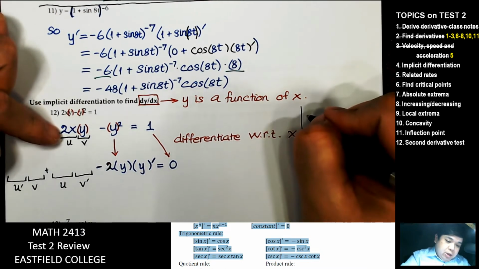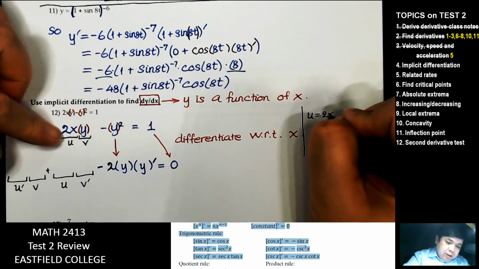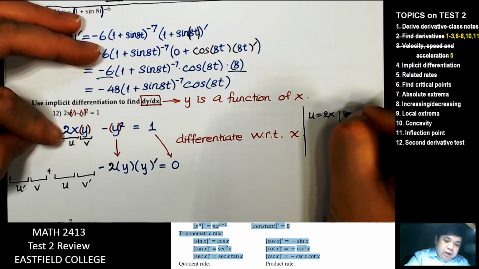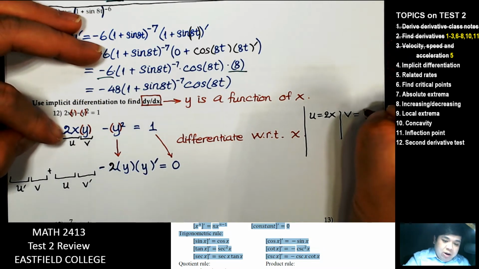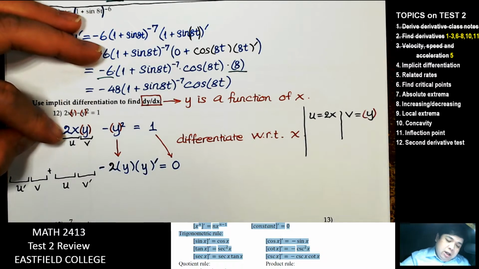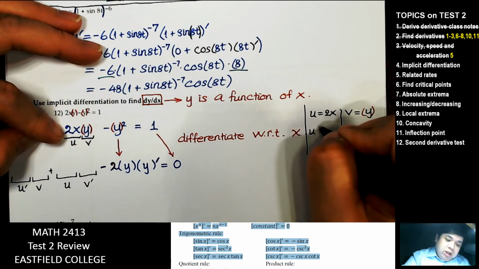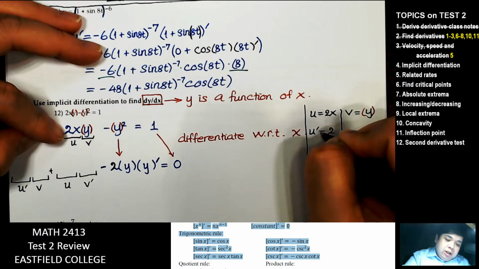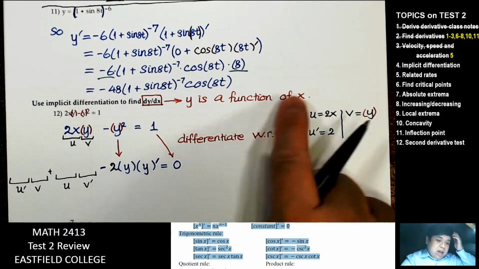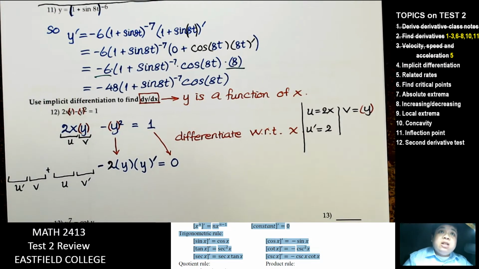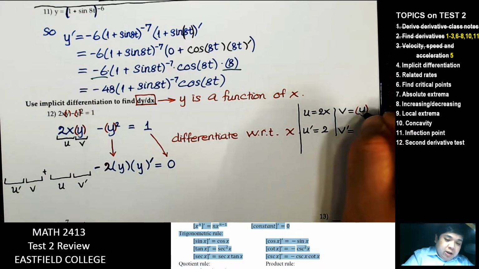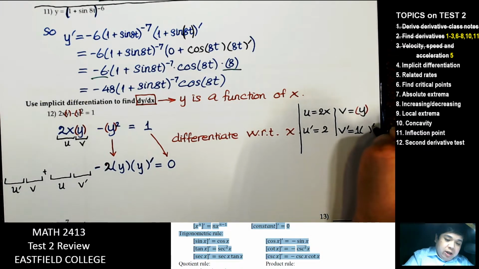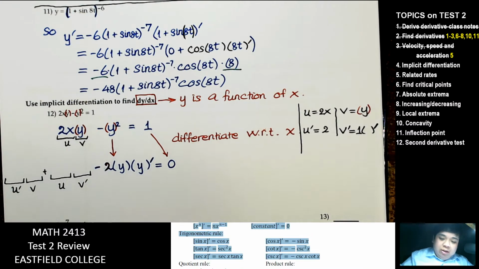Right. U is 2x, v is just y. Notice y will carry a parentheses around it. Derivative of u will be just 2. It doesn't have the parentheses because x is a variable. Derivative of y in the parentheses will be just 1, the parentheses square remain, times the derivative of the parentheses.